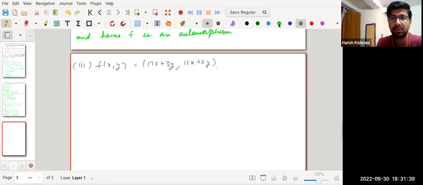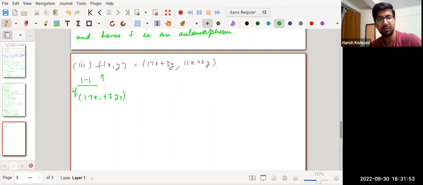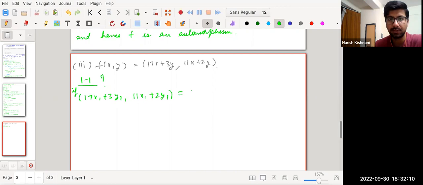Now what you need to check first is that it is one-one. For one-one, if f of (x1, y1) is the same as f of (x2, y2), then what will happen? We will have this kind of condition: (17x1 plus 3y1, 11x1 plus 2y1) is equal to (17x2 plus 3y2, 11x2 plus 2y2).